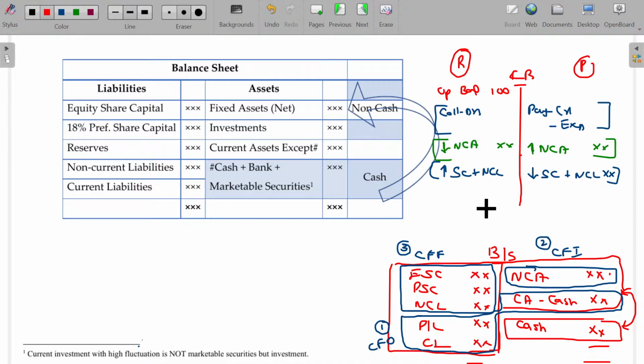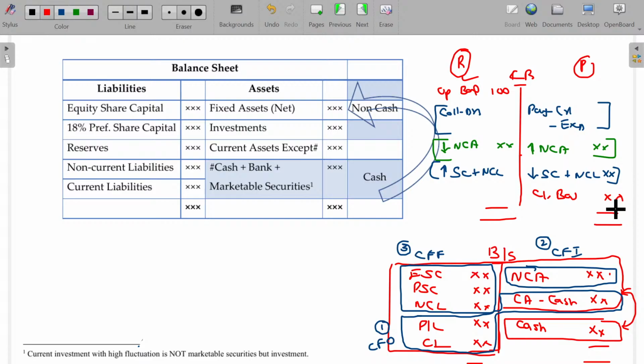Ultimately, if you tally this, you started with the opening cash balance and end with the closing balance. So it's very simple. The cash book is posted in vertical format. Not only in the vertical format, you are going to categorize the receipts and payments for operations, financing, and investing. So if you are able to show it this way, then it's called cash flow statement under the direct method.